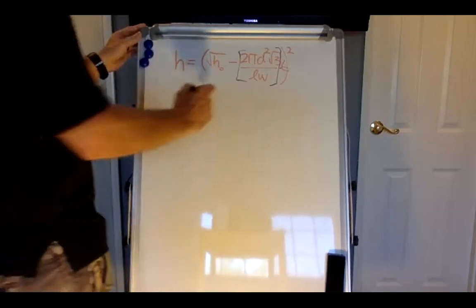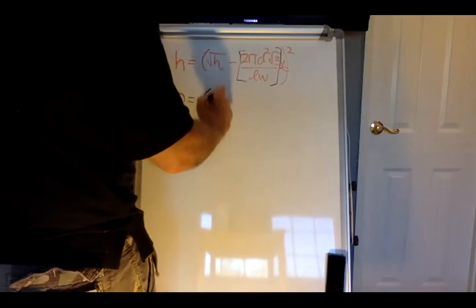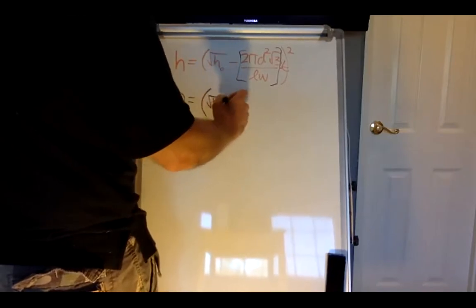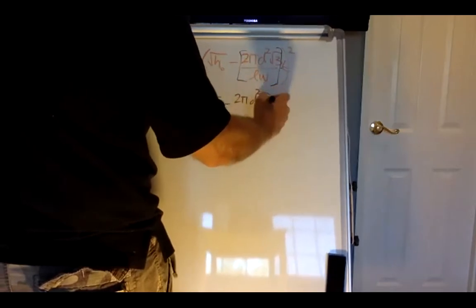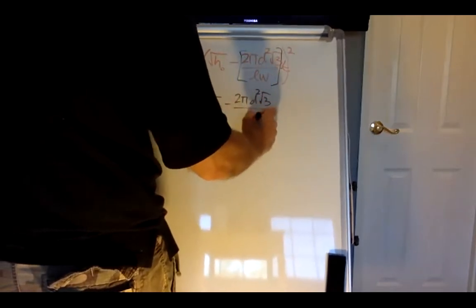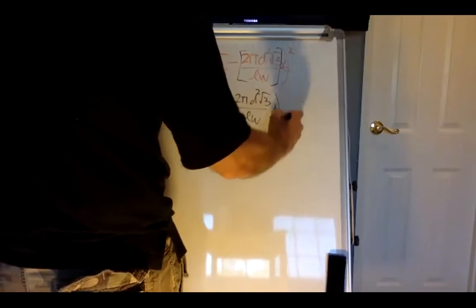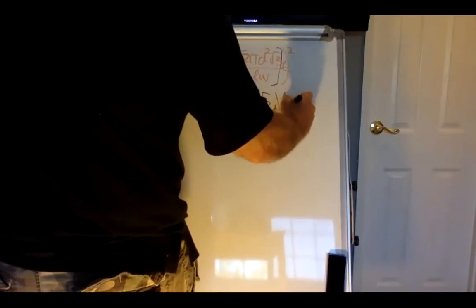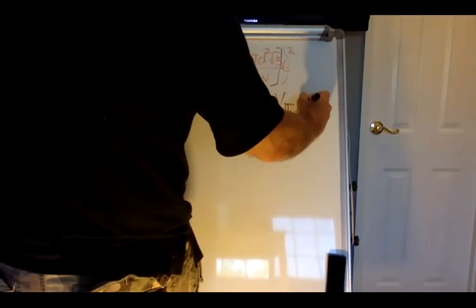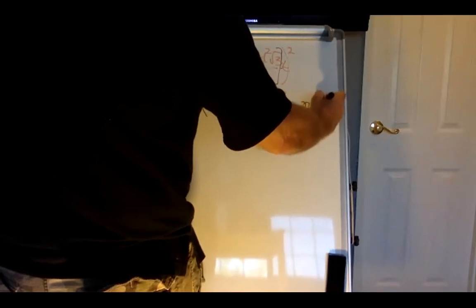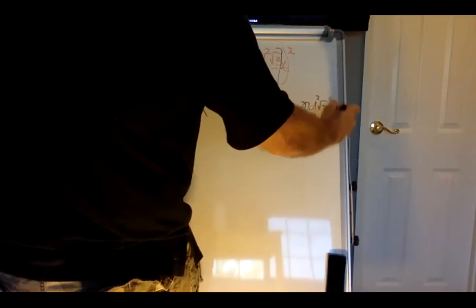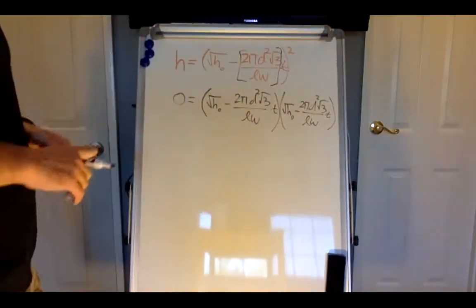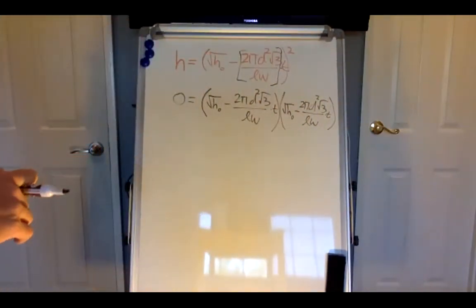Okay? So over here, what I'm going to do is separate this into two of the same thing. And so what I want to do is think of this as now in intercept form.